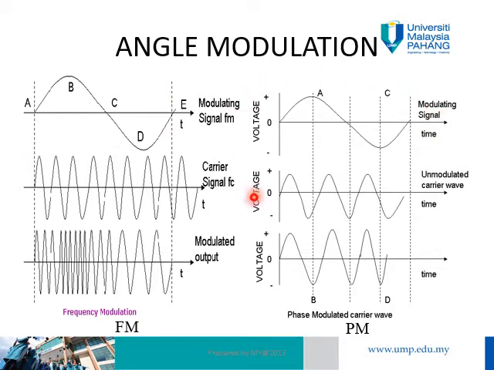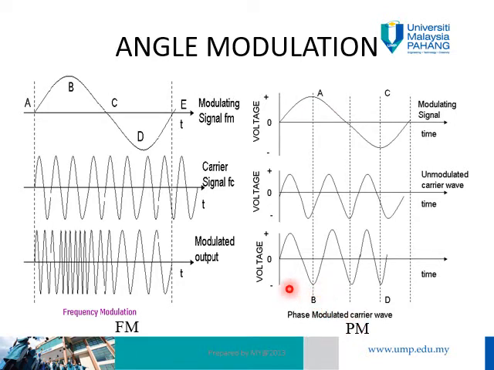The difference between the FM and PM signal is that the FM signal changes in terms of frequency depending on the amplitude of the modulating signal, whereas the output of PM changes in terms of phase when the modulating signal changes in terms of amplitude.